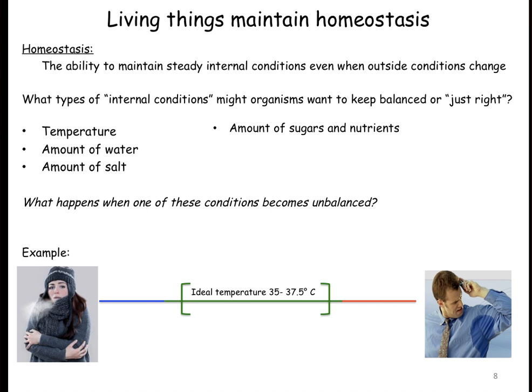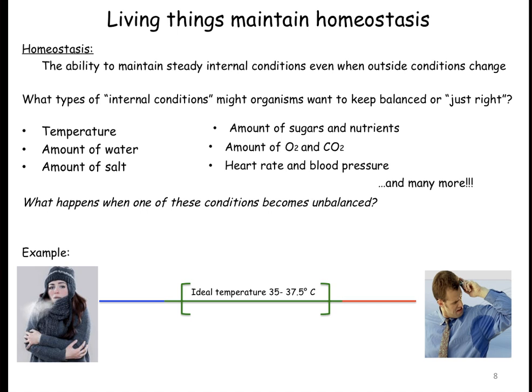In addition, organisms that breathe oxygen and exchange it for carbon dioxide need to regulate how much of these gases they have, along with their heart rates and blood pressures, which help deliver those gases. So, there are also many, many more things that we could list, but we've got a good start.